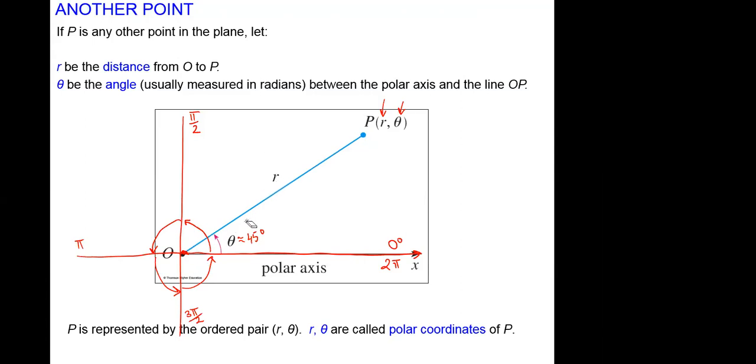R means the distance from the origin, from the pole, to my given point on the line which represents my angle. Let's say, because we don't have the scale, this distance is 3. 1, 2, 3. 3 units.